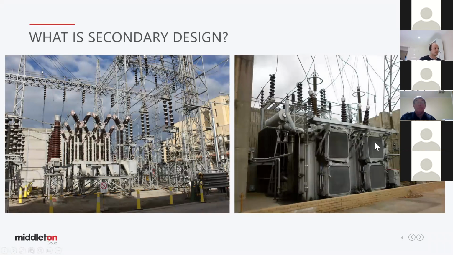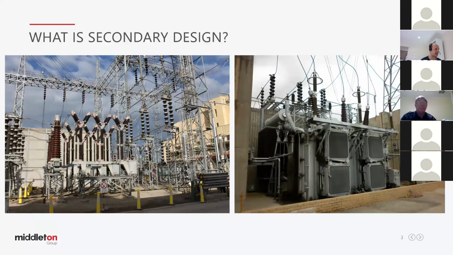Okay, so what is secondary design? As we covered off in the introductory presentation, secondary design covers as a minimum the electrical, automation, communication design required for the deployment of secondary systems in an electrical network.